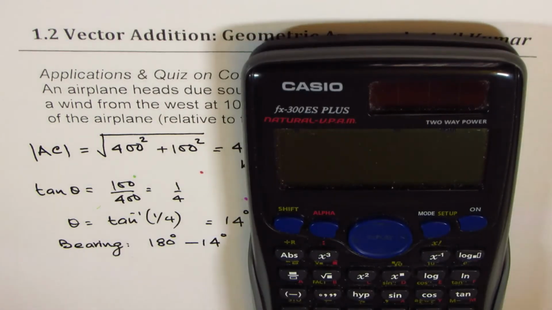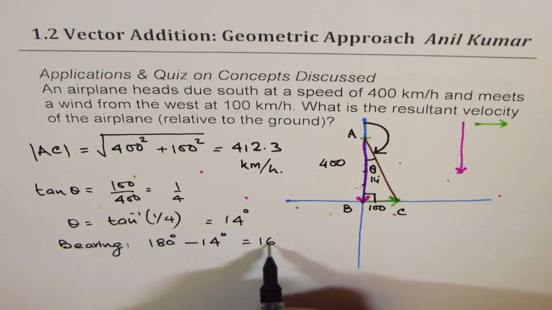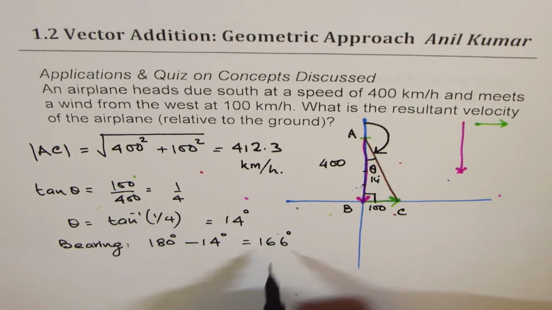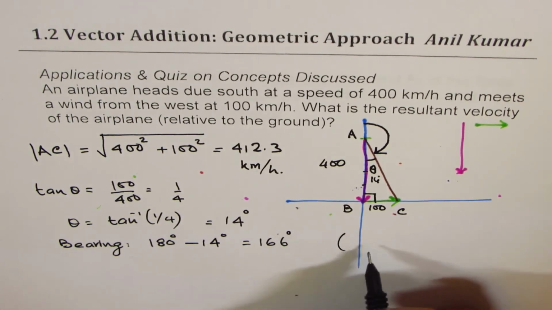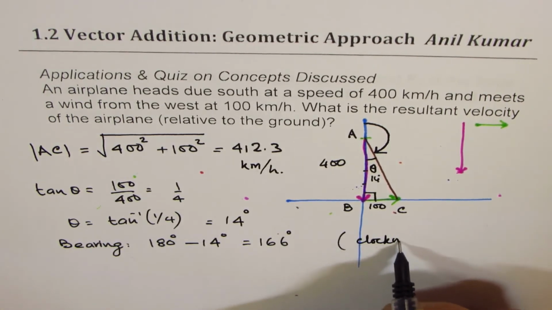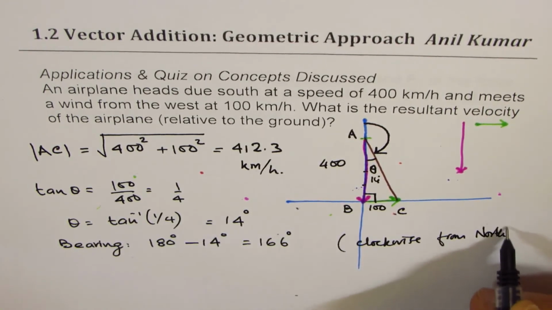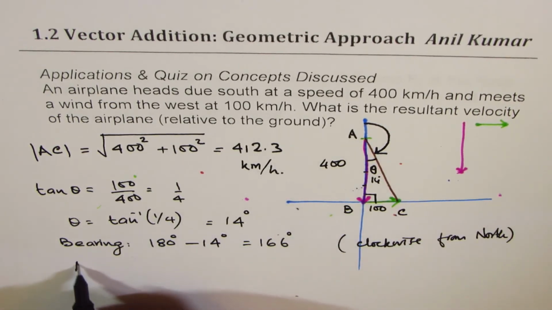So let's do it. 180 minus 14 equals 166. So we have 166 degrees from north. So we say 166 degree bearing. Whenever you write bearing, they are clockwise from north. Correct?